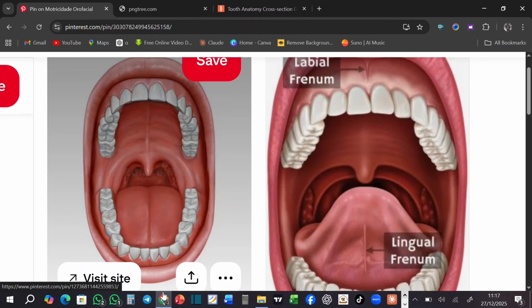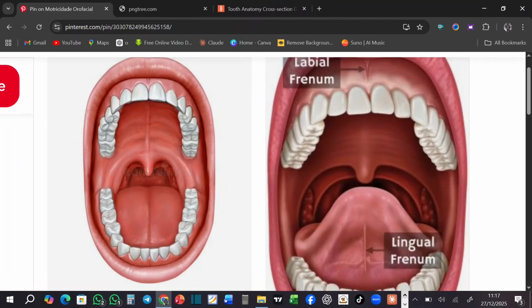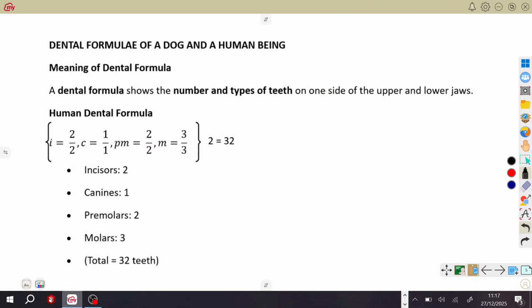Premolars, 1, 2. Then molars, 1, 2, 3. That's the formation. So we have a formation that we can call the 2, 1, 2, 3 formation, top and down, on half.